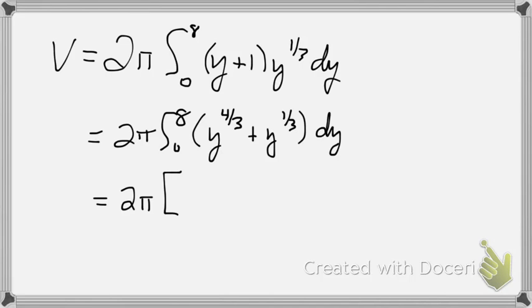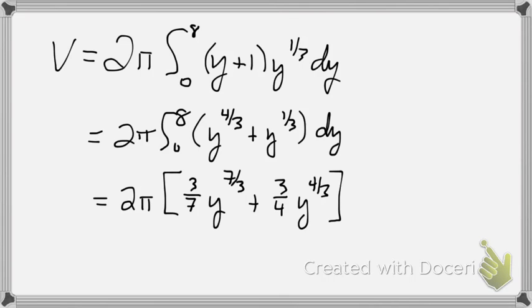Not that it's the nicest, but what do I get for y to the 4/3? We get y to the 7/3 with the 3/7 thrown out front. Plus, this would be y to the 4/3 with 3/4 thrown out front. You guys agree?